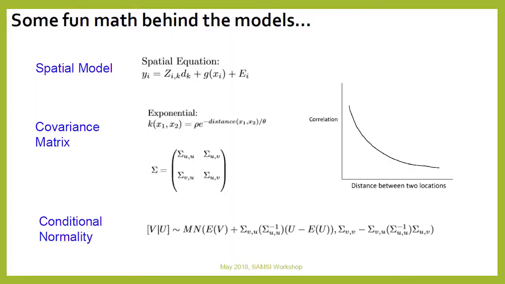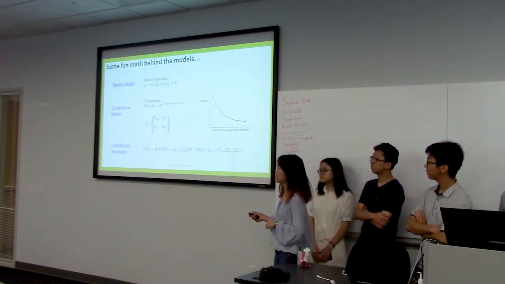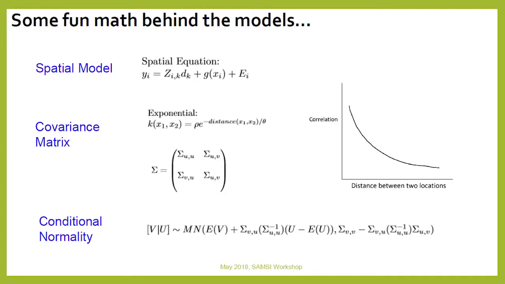And we have this covariance matrix here, which we incorporate into our conditional normality equation. This equation is what we use for prediction. V is our new data point and U is our training data set. We make predictions on our new data set based on the training data.